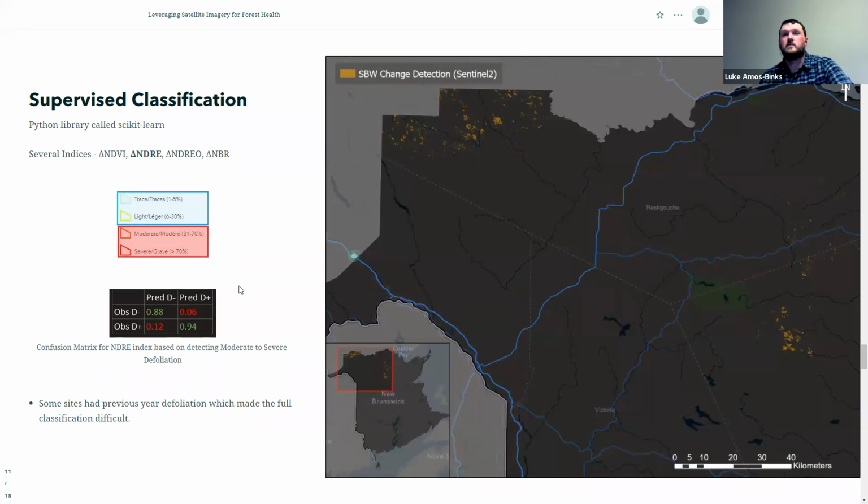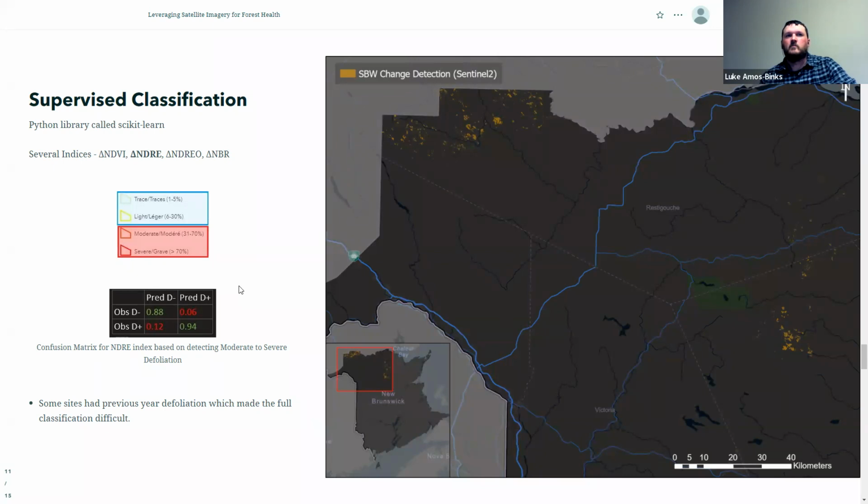So it was nice and accurate, and we were really able to classify these moderate to severe defoliated stands that we really want to be able to go in and actually measure the population levels to see if we need to treat these stands in the following year.